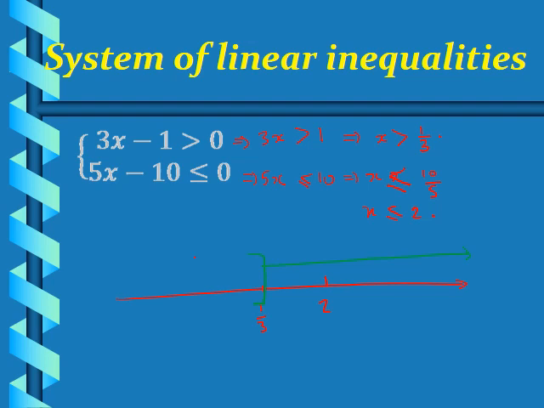Now x less than or equal to 2, closed. So the solution is here, from 1 over 3 to 2, open at 1 over 3 and closed at 2.